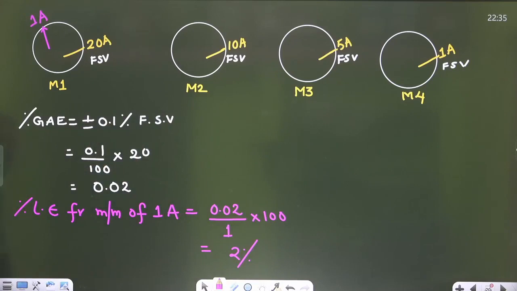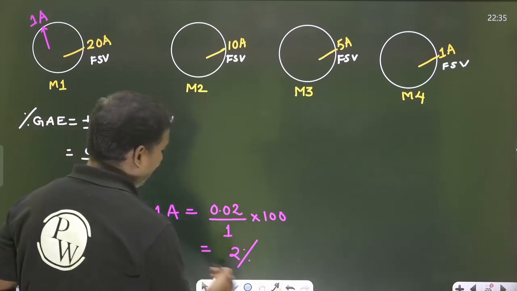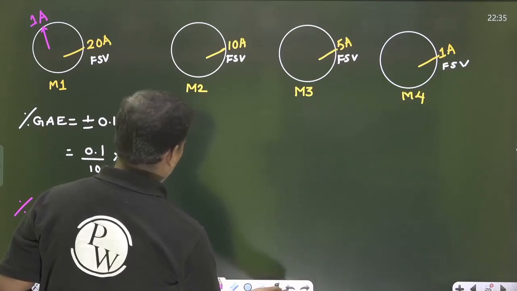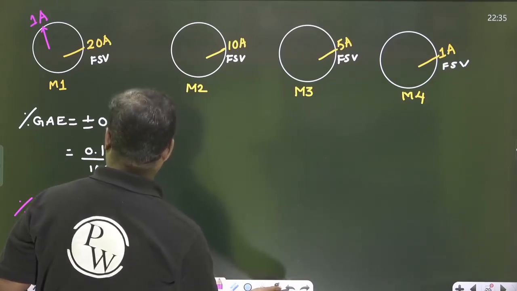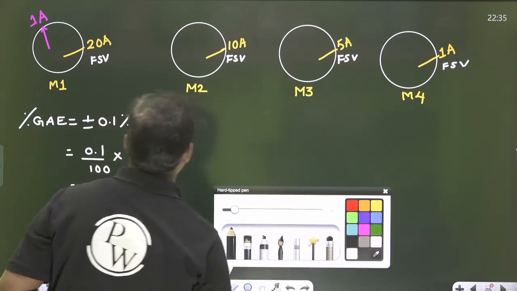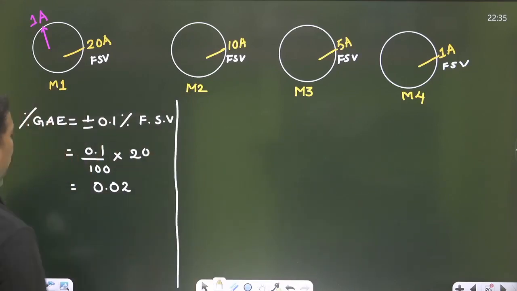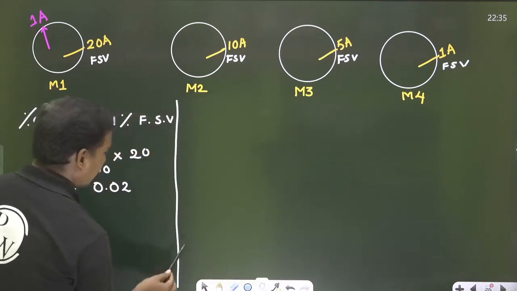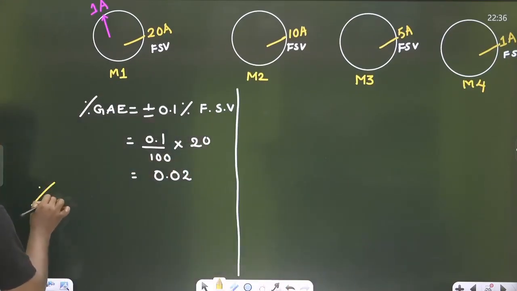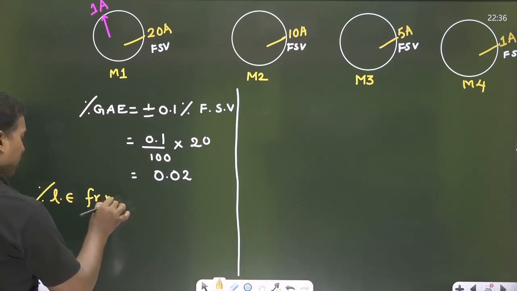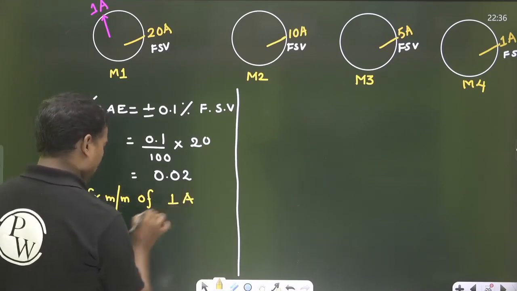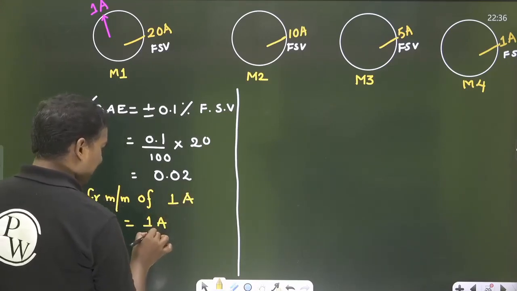This is the first instrument. Now I am taking the percentage of limiting error for the measurement of 1 ampere.